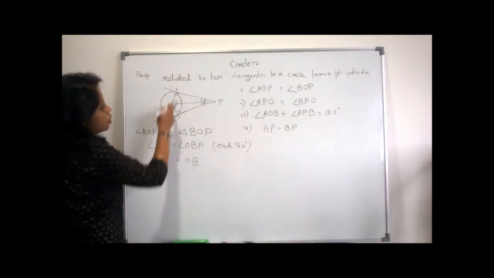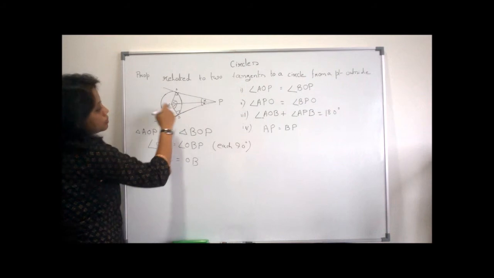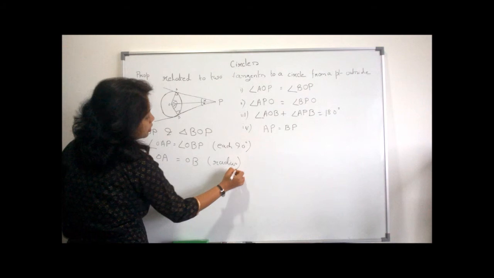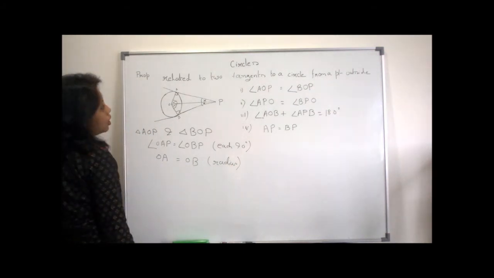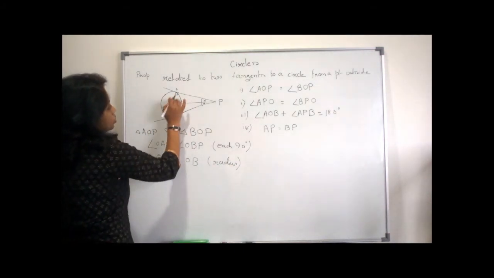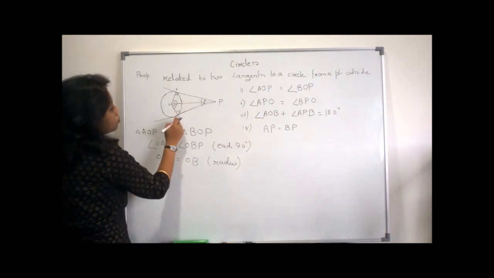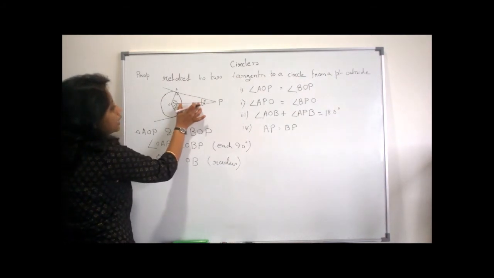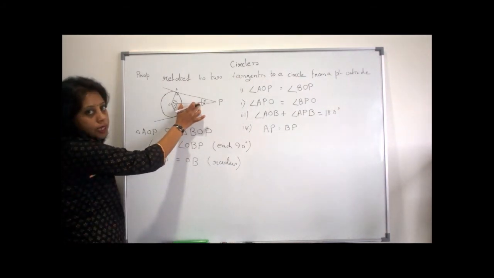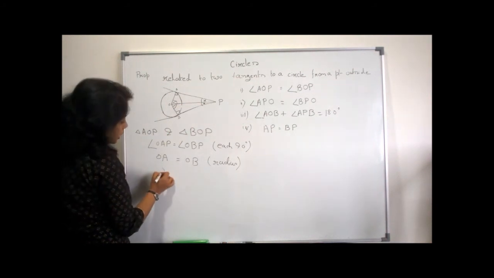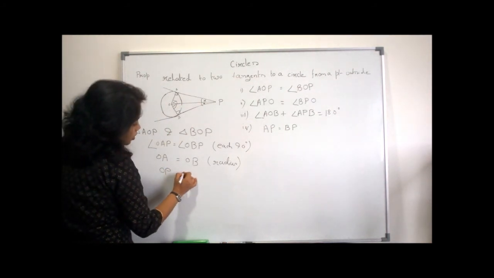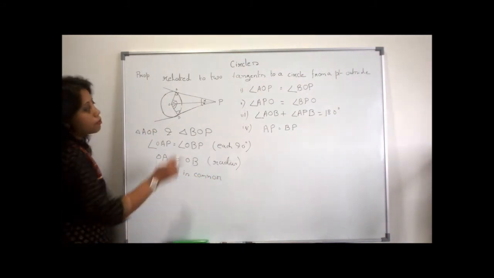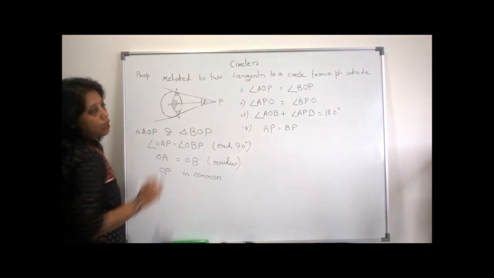Why equal? Because they are both radii of the same circle. So OAP and OBP are both right angle triangles, and OP is the hypotenuse of both of these right angles. So OP is common for both triangles.